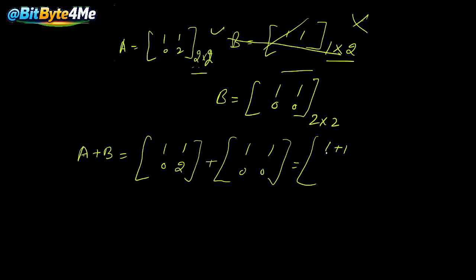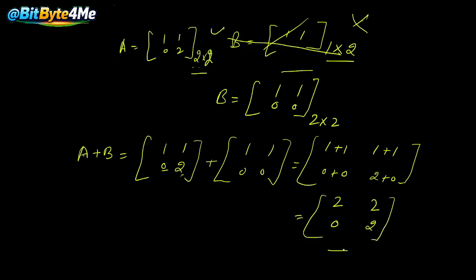Second element to second, 1 plus 1, which is 2. Third to third, 0 plus 0, which is 0. Fourth to fourth, 2 plus 0, which is 2. So this is the answer matrix, which is A plus B.